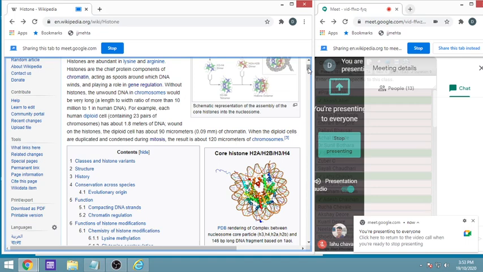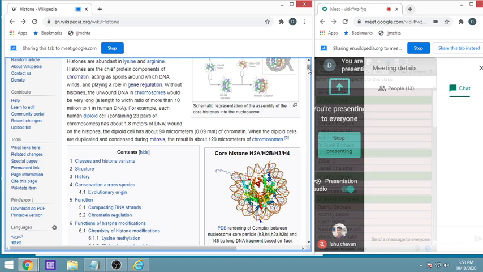Without histones, the unwinding of DNA in chromosomes would be very long. As I told you, the length-to-width ratio is more than 10 million to 1 in human DNA. Each human diploid cell, which contains 23 pairs of chromosomes, has about 1.8 meters of DNA wound around histones.